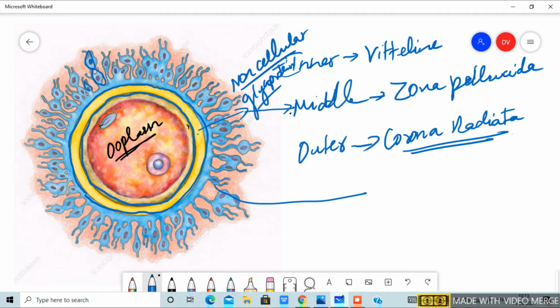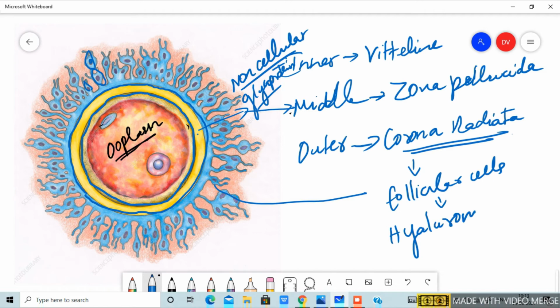This corona radiata is derived from the follicular cells, or the granulosa cells, and they are held together by an acid called hyaluronic acid. Hyaluronic acid is what holds the complete corona radiata in position, so keep that in your mind.